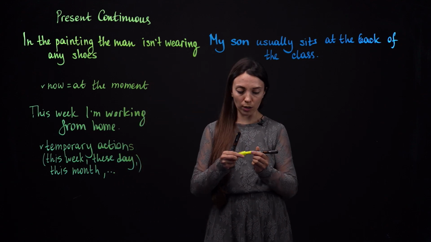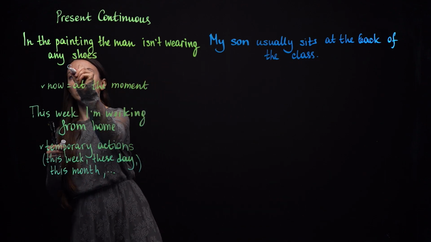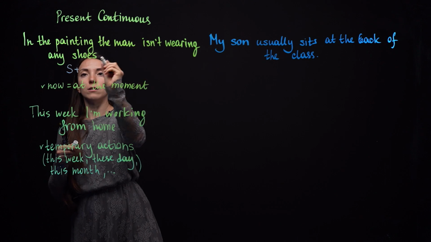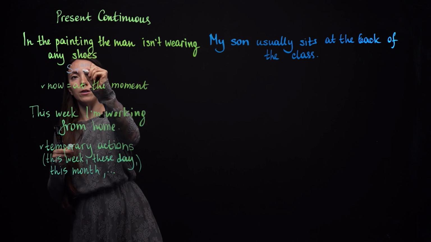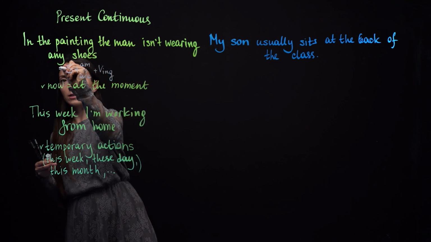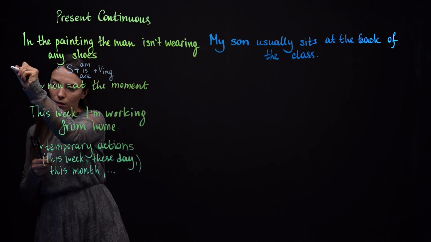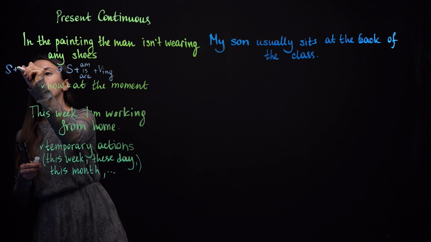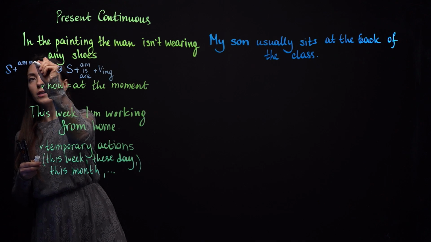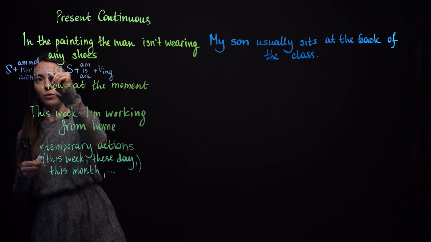And what is the formula of the present continuous? Okay, it's subject, am, is, are, and verb-ing if it's a positive sentence. If it's negative, am not, isn't, or aren't with verb-ing.